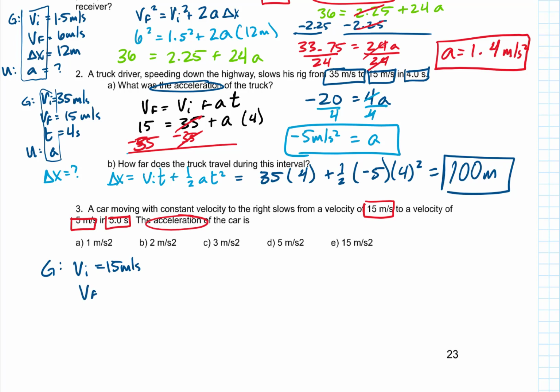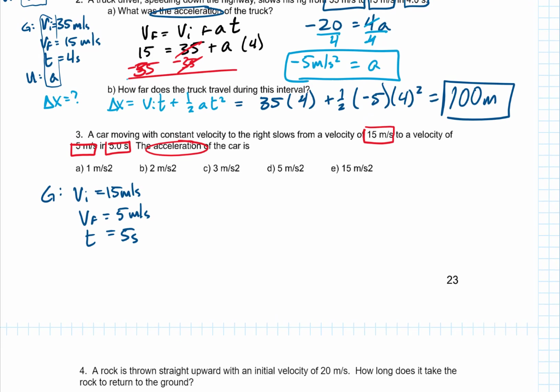The final velocity is 5 meters per second. The time is 5 seconds. And what we want to find is the acceleration. So we're going to pick an equation that has all of those things in it. Our equation is v final is equal to v initial plus acceleration times time.